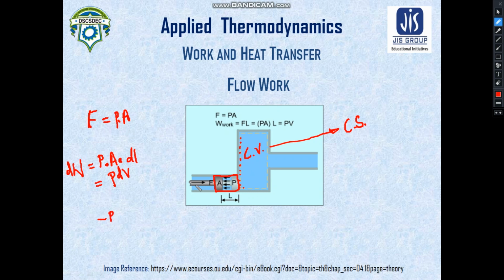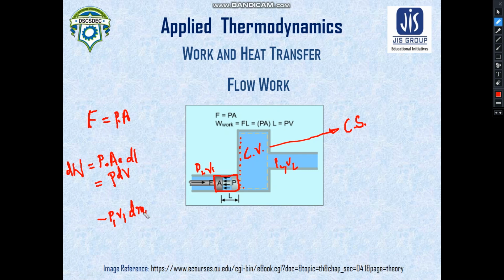If we take P1 V1 as the inlet condition and P2 V2 as the outlet condition, then at inlet condition the work done will be minus P1 v1 dm1.